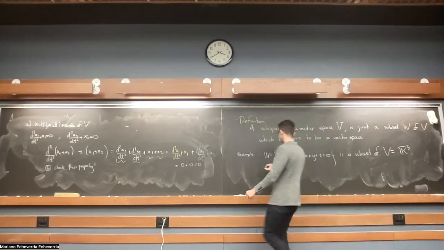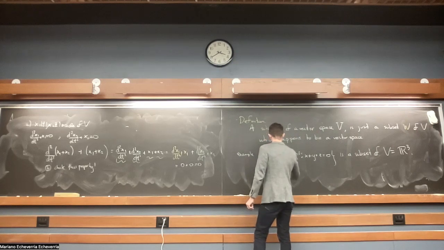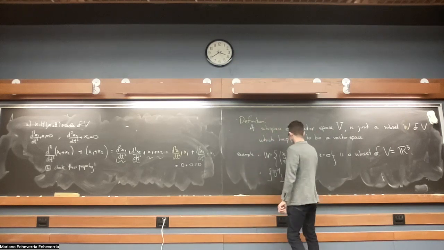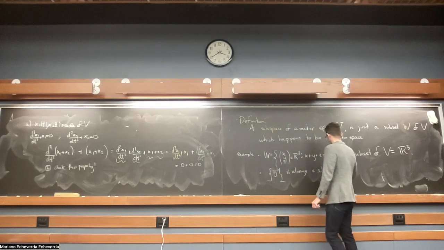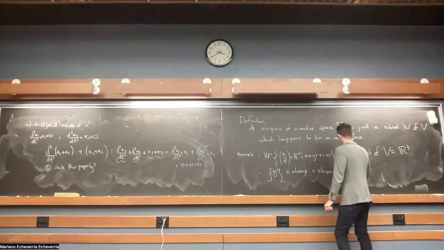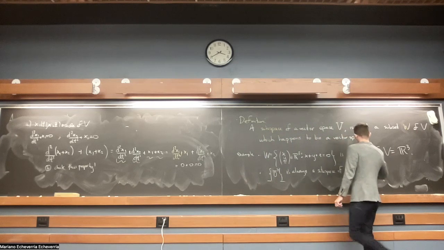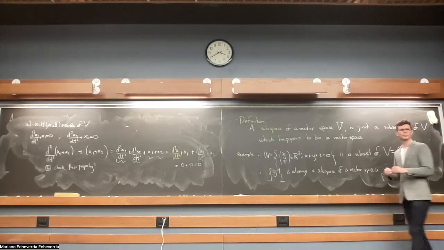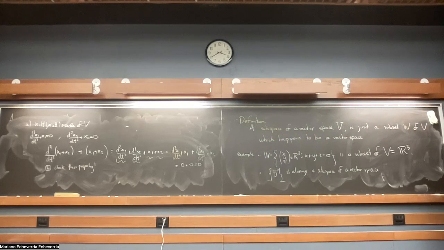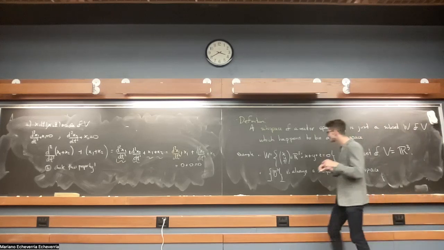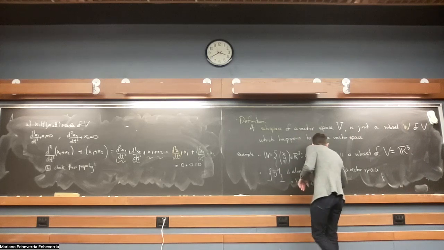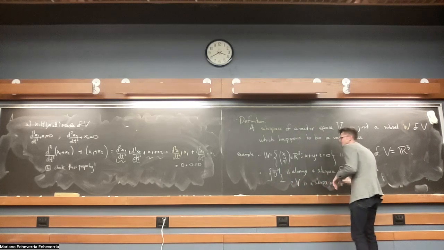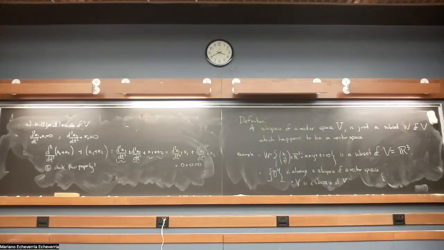And the trivial subspace is always a subspace of any vector space. That makes sense. And V is always a subspace of itself. It is a consequence of the definitions, of what you mean by inclusion.